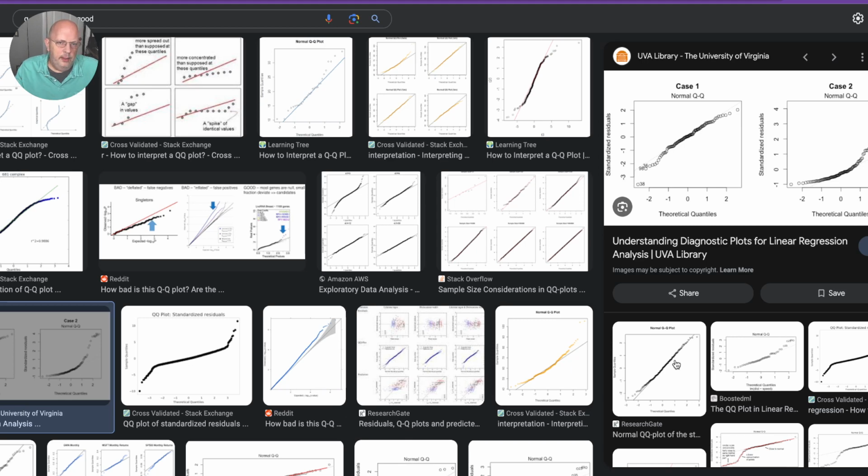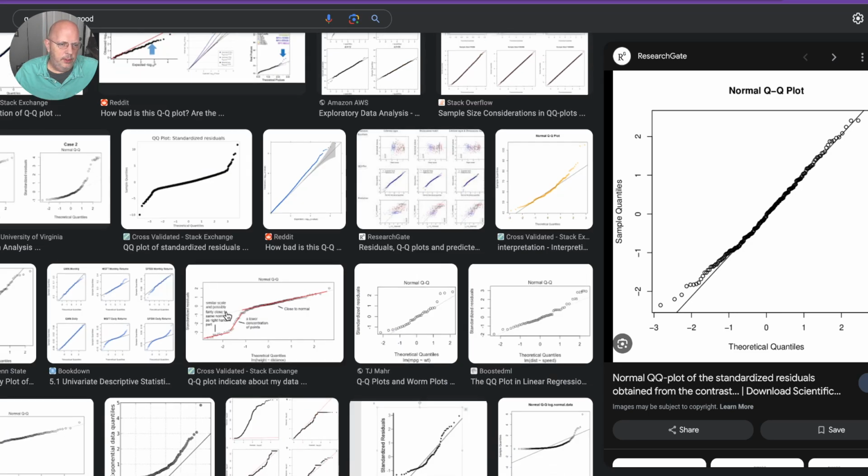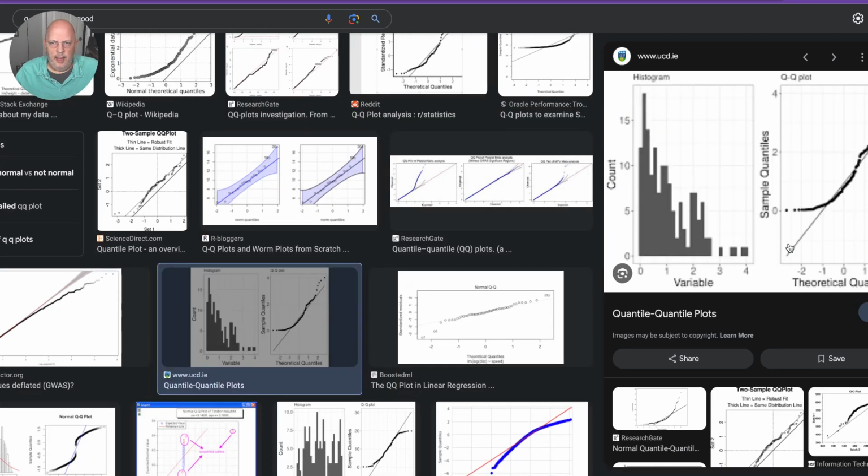Your QQ plot basically should look something like this. It looks at your error versus a line. You have a few more errors here and a few here, which might be a bit of a concern. But what you don't want is like this. This would be bad if you had a QQ plot. I would say don't use linear regression if you had that.